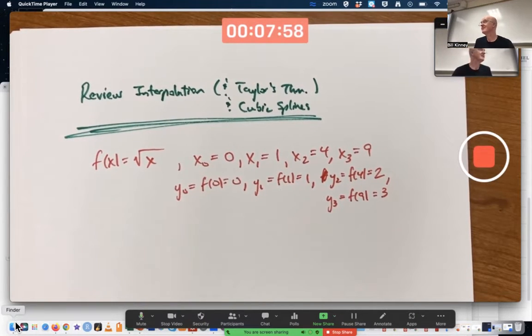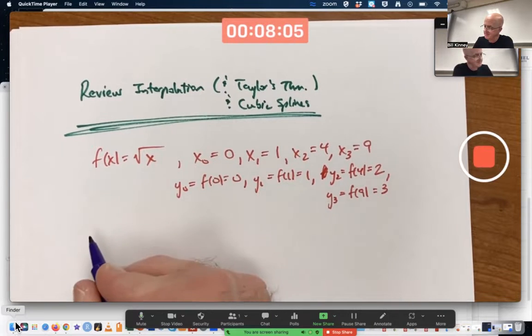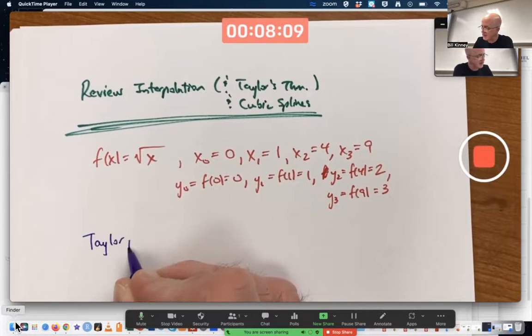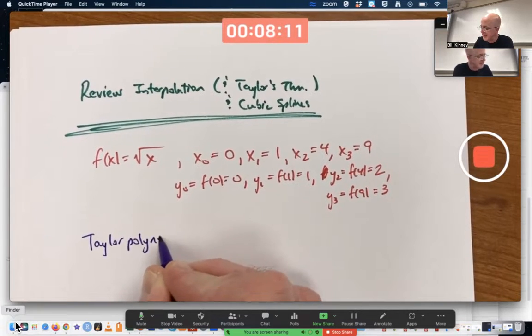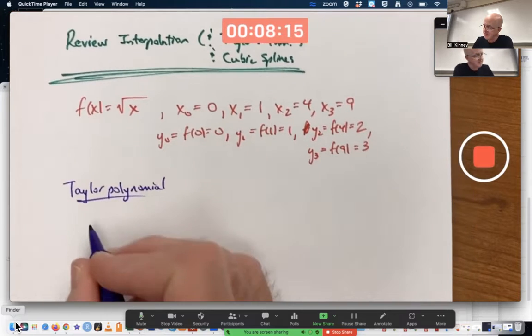Let's start with the technically simplest one, but least accurate overall, and that would be a Taylor polynomial. It's not really interpolation in the main sense that we've been talking about doing interpolation.